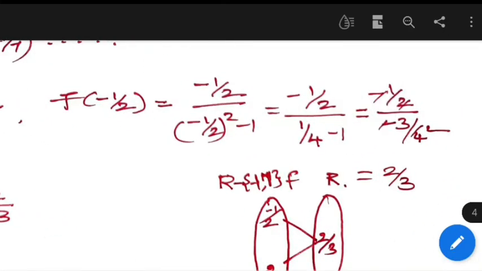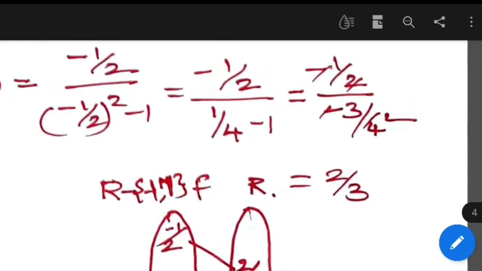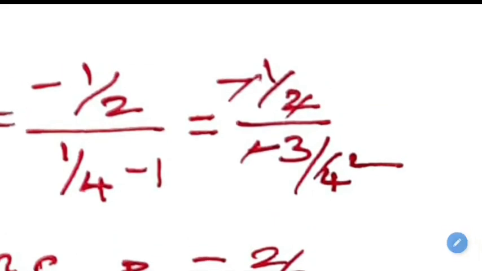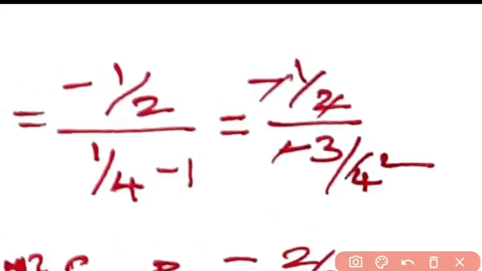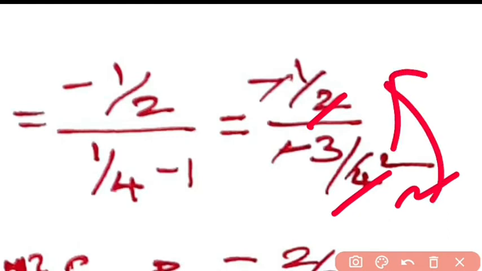Minus 1 by 2 by, minus 1 by 2 whole square minus 1, which is minus 1 by 2 by 1 by 4 minus 1, that is 3 by 4. So the 2 cancels, and it becomes 2 by 3.